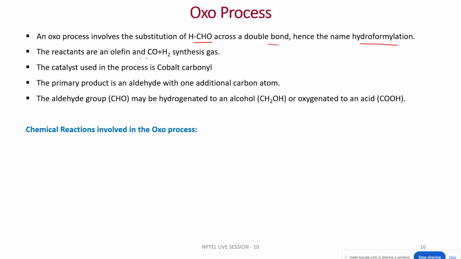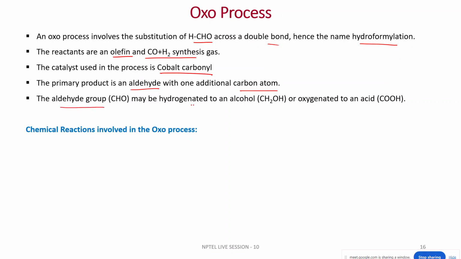The reactants involved in the OXO process are olefins and synthesis gas. The catalyst used in the OXO process is cobalt carbonyl. The primary product of the OXO process is an aldehyde with an additional carbon atom.